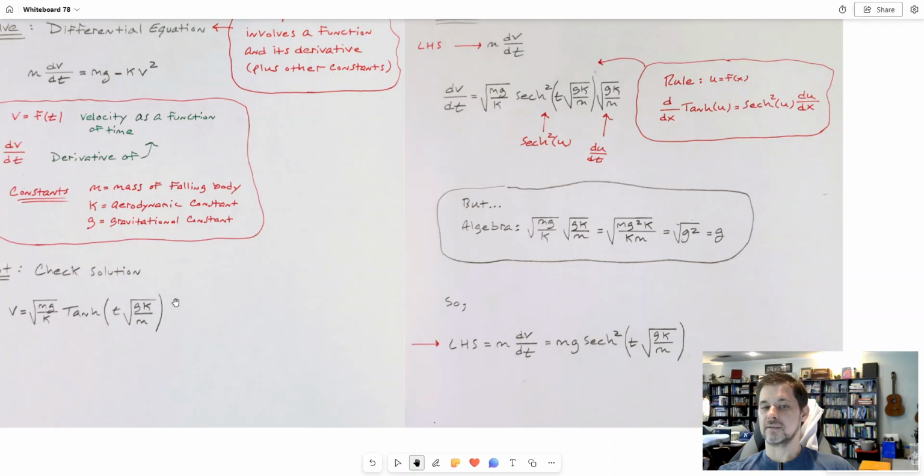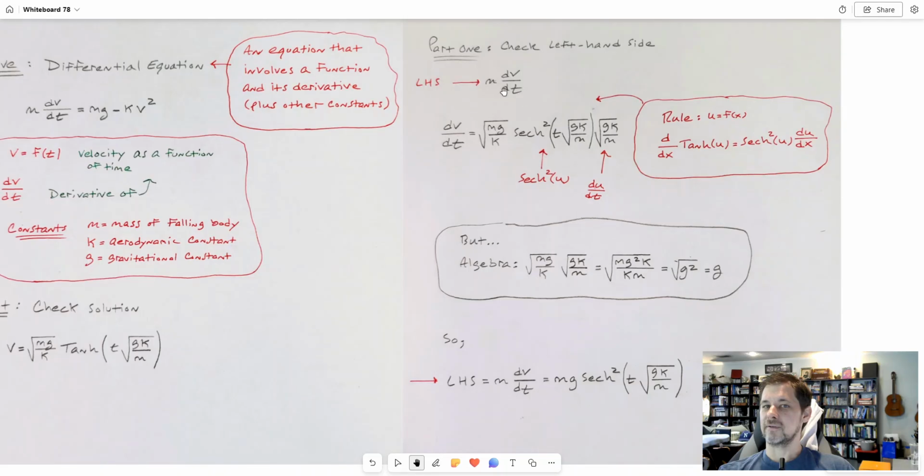So in this case, let's see, I get to carry that root mg over k into my answer because it's a constant coefficient. The derivative of hyperbolic tangent is hyperbolic secant squared of t root gk over m. And then this part needs to be whatever the derivative of t times root gk over m is. But root gk over m is just a constant. And so that it's just the coefficient of t. So that's your du over dt. All right, so there's your derivative for the left-hand side.